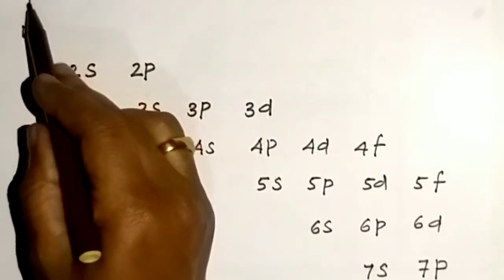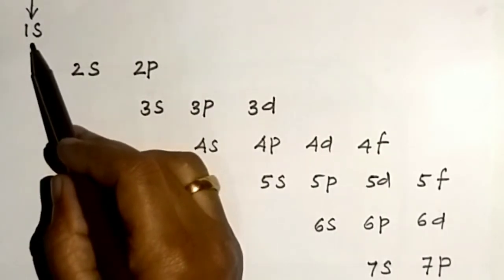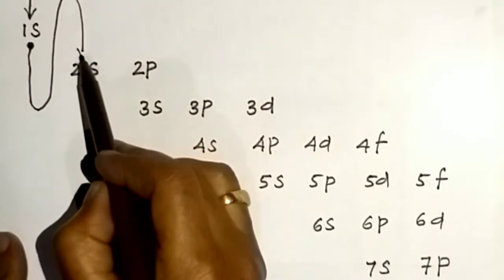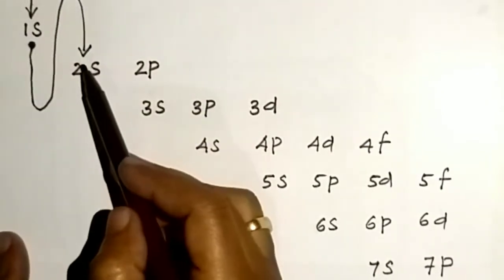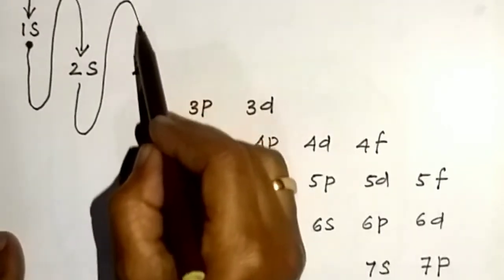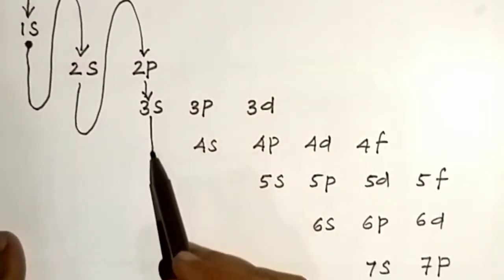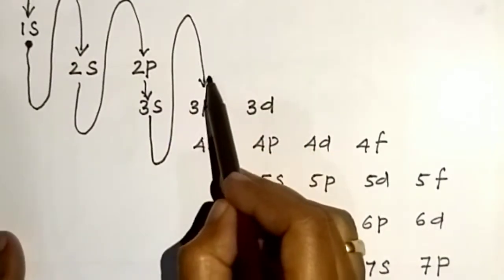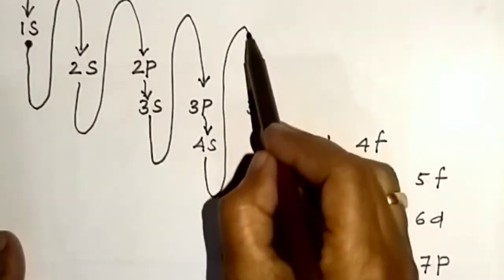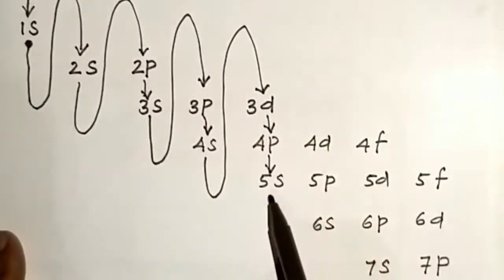Then the electrons are accommodated in 1s. Then the electrons go from 1s to 2s, from 2s to 2p, 2p to 3s, from 3s to 3p, from 3p to 4s, 4s to 3d, then 4p, then 5s.